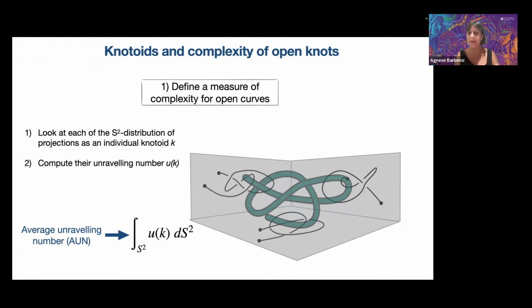So a real number that tells us in some way how much effort is needed to create the given entanglement. And this is going to be the starting point to define our optimal topological pathways.